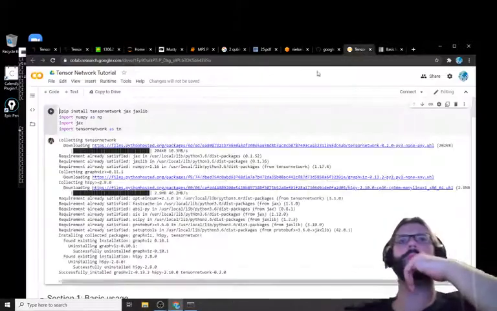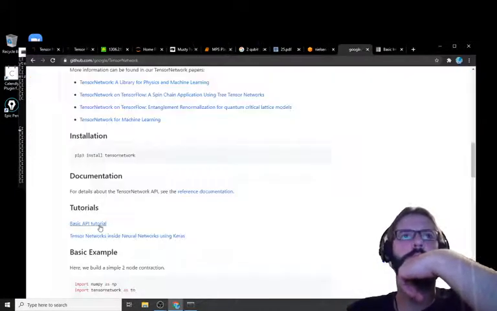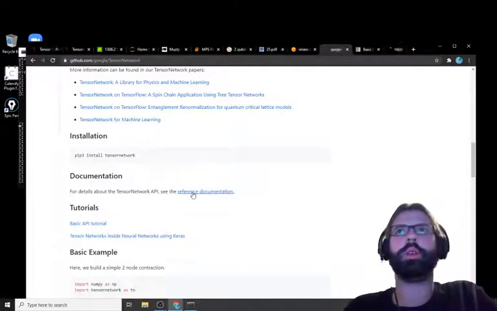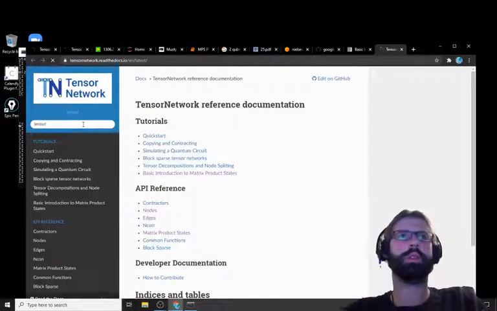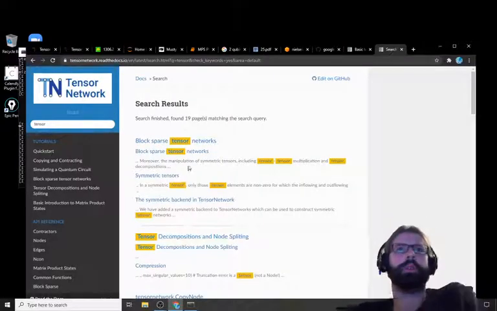Product of MPSs. No, I just want to, not these. Basically per tutorial, no, I want to get the reference documentation. Oh, that's it here actually. Tensor. I wanted to find a tensor.